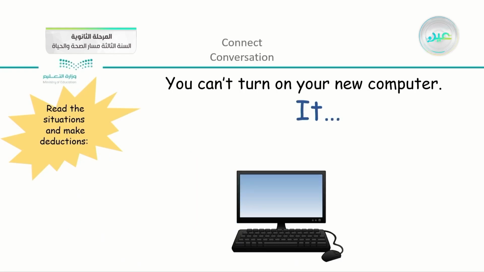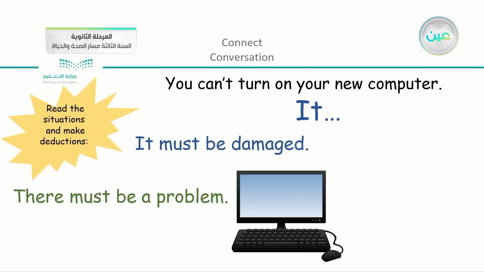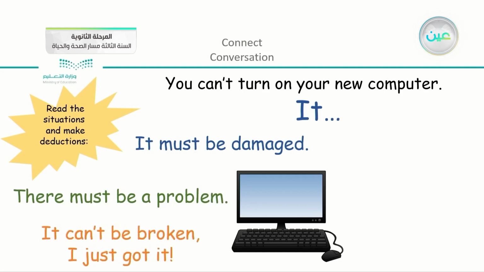Another situation, we can't turn on your new computer, or you can't turn on your new computer. What can we say to deduct? We can say, for example, it must be damaged. So if you have a new computer and it is not working, it must be damaged. There must be a problem. It can't be broken. I just got it.